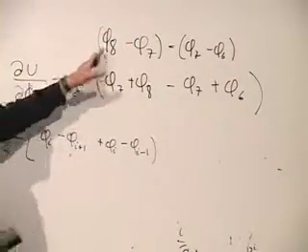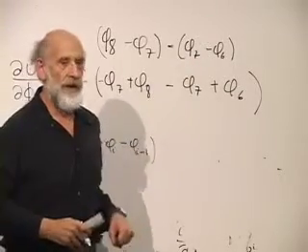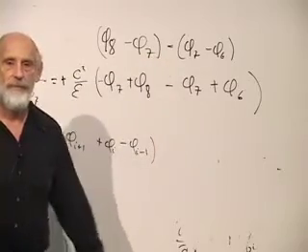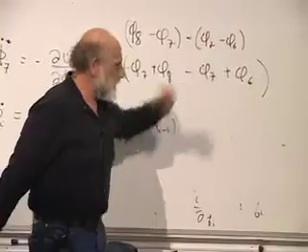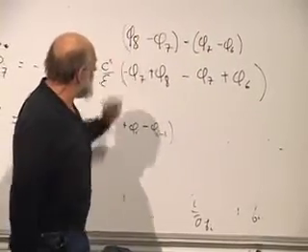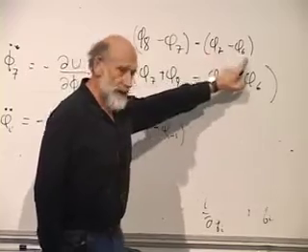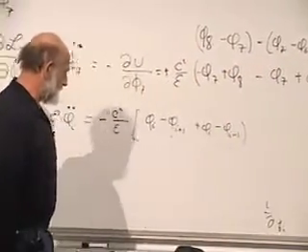So I have phi 8 minus phi 7 minus phi 7 minus phi 6. Any idea what this whole thing will become? The second derivative. It's the difference of the differences. The difference between 8 and 7 less 7 and 6. This is going to become a second derivative.